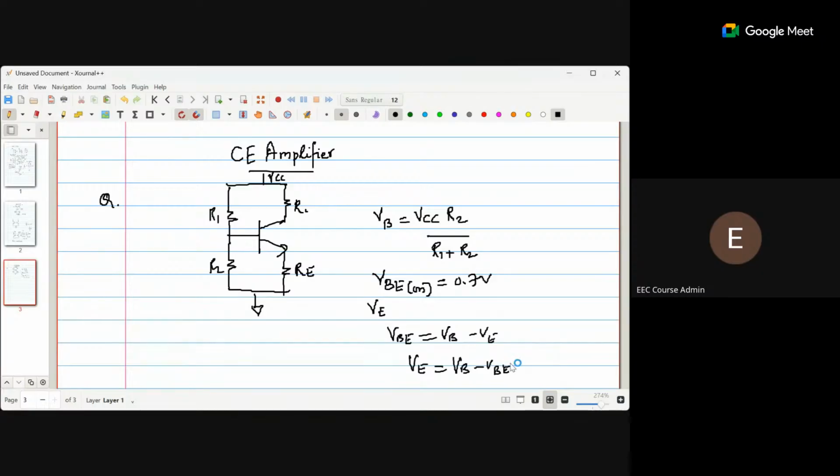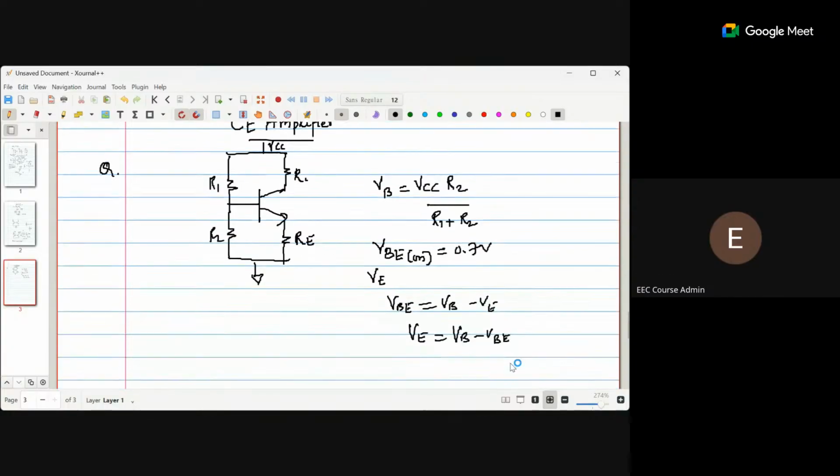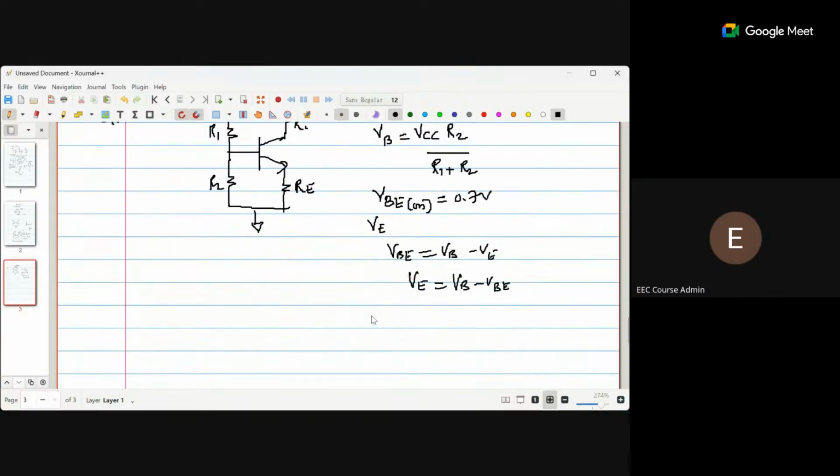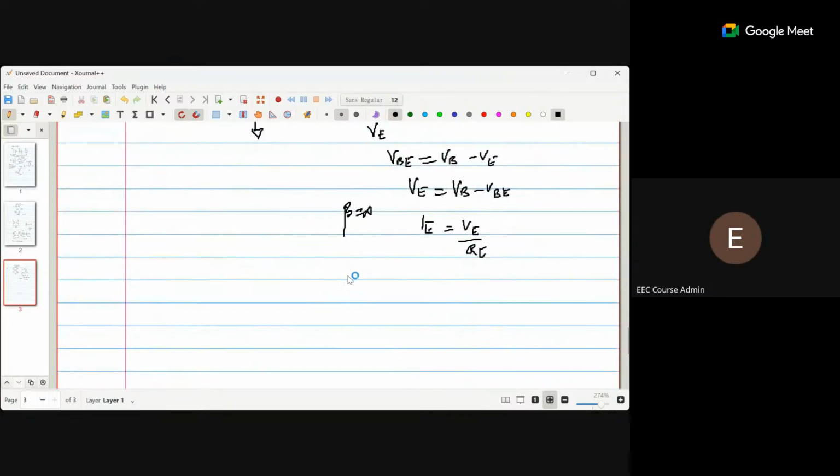Okay. So if we consider the case where beta is large, beta equal to infinity, then if you know VE, IE will be equal to VE by RE, correct? Yes, ma'am. IC will also be approximately equal to IE, because beta is infinity means IB will be 0.